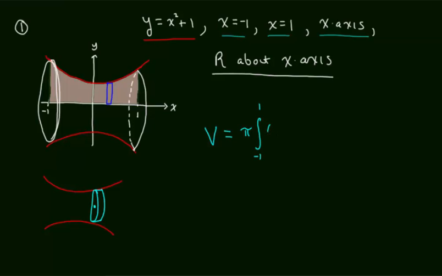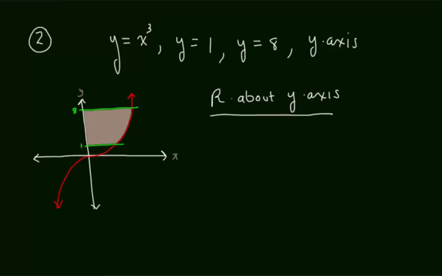And then the radius, which is the key feature of this, the radius is going to be the distance from the axis of revolution out to the original curve itself. That is this distance here as the radius. And you can see that that radius is the distance x squared plus 1. We have to square the radius and then times the thickness dx.